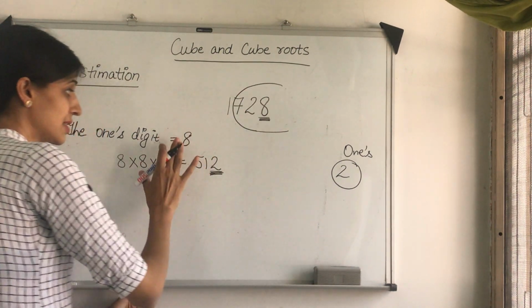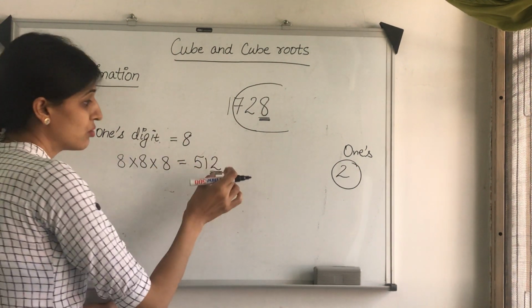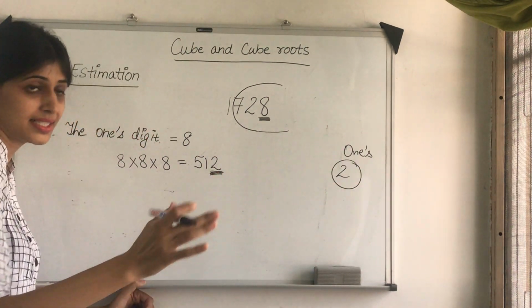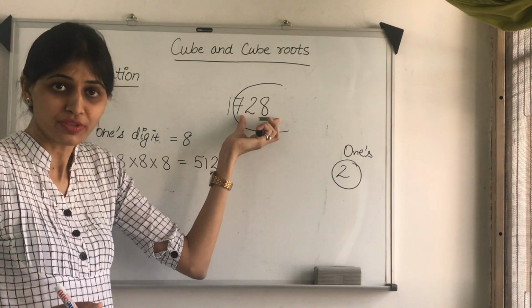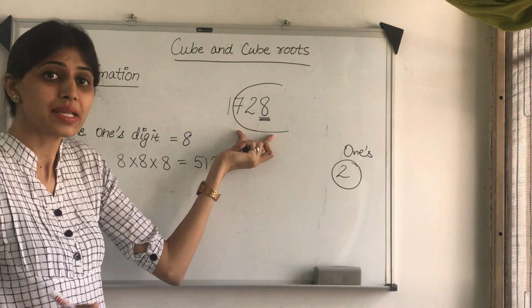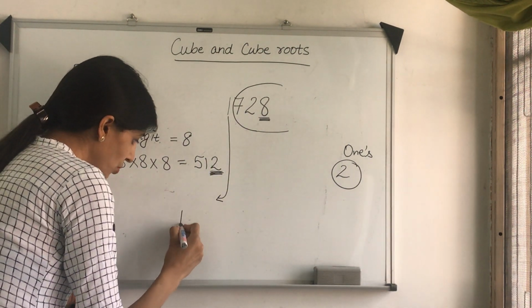First take out the ones digit. Do the cube of the ones digit and take out the ones digit of the cube and separate it. After that, remove the last 3 digits from the right hand side of the number. Now I have removed these 3 digits. What number is remaining? 1. Write this number 1 over here.